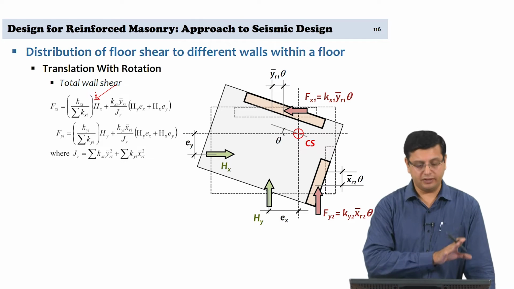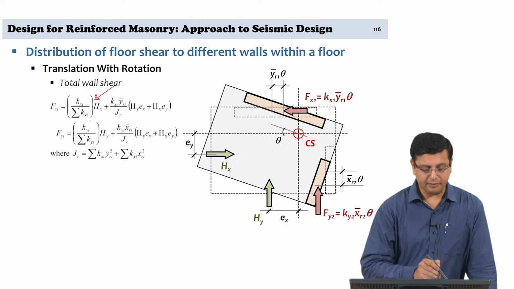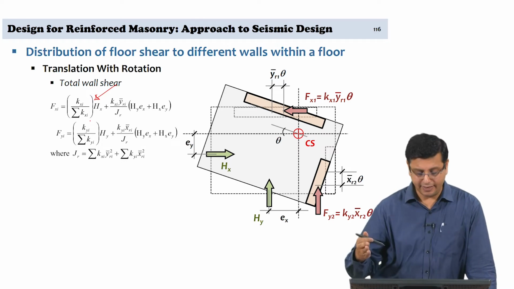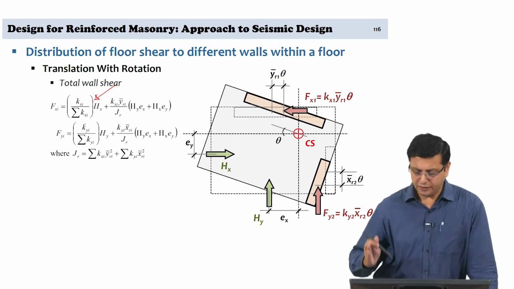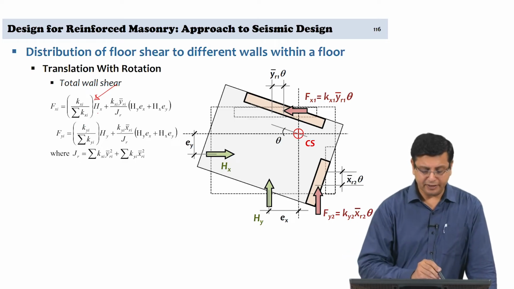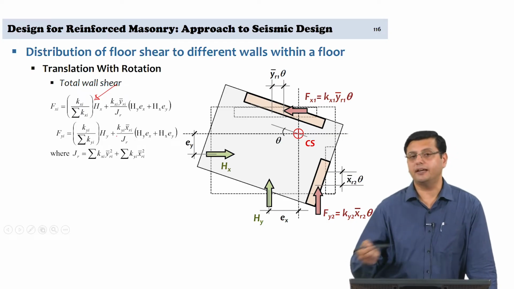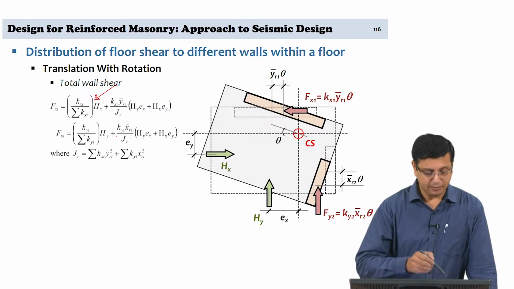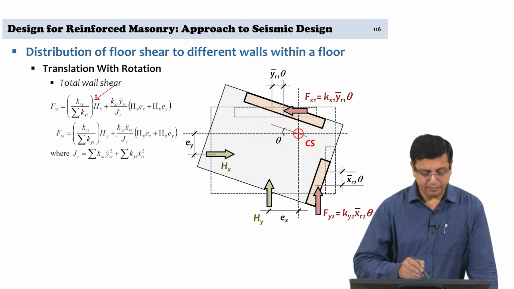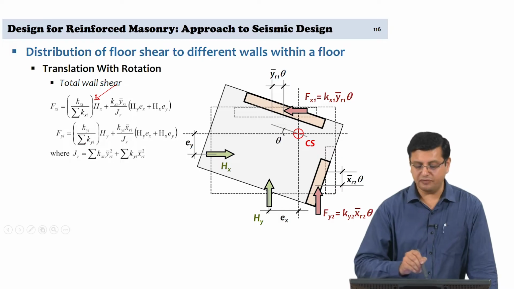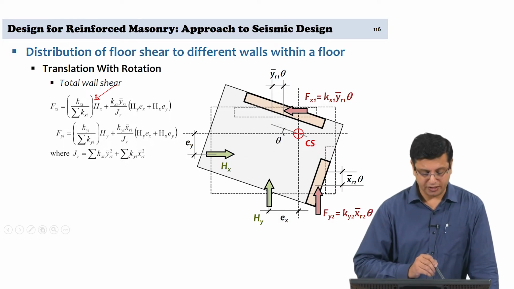In the last class we looked at the distribution factor, Kxi divided by sigma Kxi, which is the distribution factor in the x direction, stiffness considered in plane, multiplied by the shear force in the x direction. That gives you the direct shear component plus the torsional shear component that we just saw in the last slide. Similarly, Fy1 is established with respect to Hy, the shear force in the y direction, and the distribution factor in the y direction, and the torsional shear component.